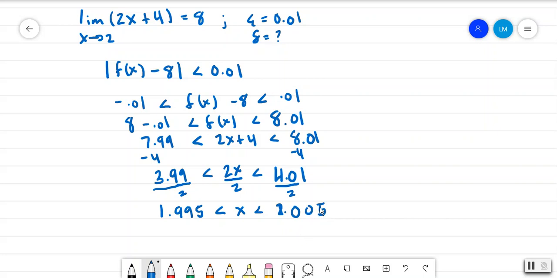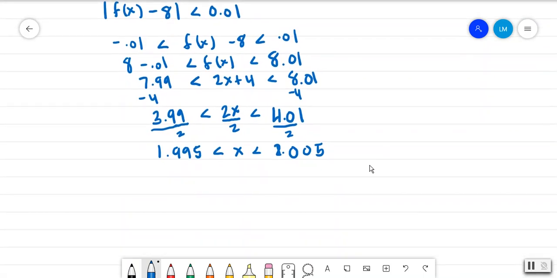2.005. Okay, now notice that basically we have our delta, because we know that a is equal to 2. So in that case, we know what the largest delta is.